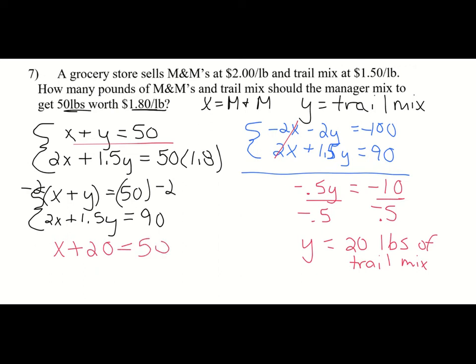So we plugged in our Y. Subtract your 20. So we know that X is going to equal 30. So we need 30 pounds of M&Ms and 20 pounds of trail mix in order to make a 50-pound mixture that's worth $1.80 per pound. Kind of cool to think about it and do this to figure that out.